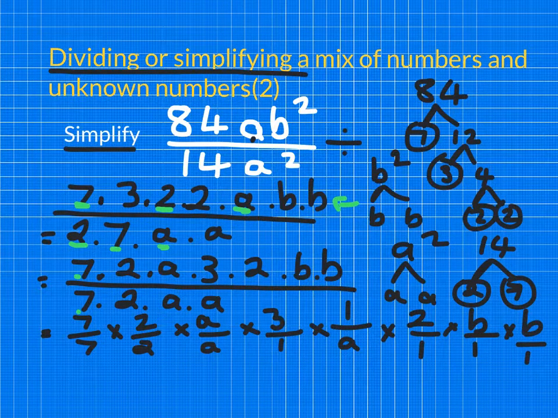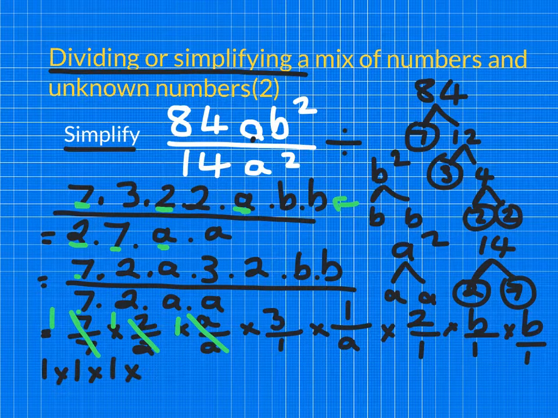Let's finally simplify what we can, because a number divided by itself gives 1. 7 divided by 7 is 1. 2 divided by 2 is 1. A divided by A is 1. Nothing else can be simplified down, so let's see what we're left with. So 1 times 1 times 1.